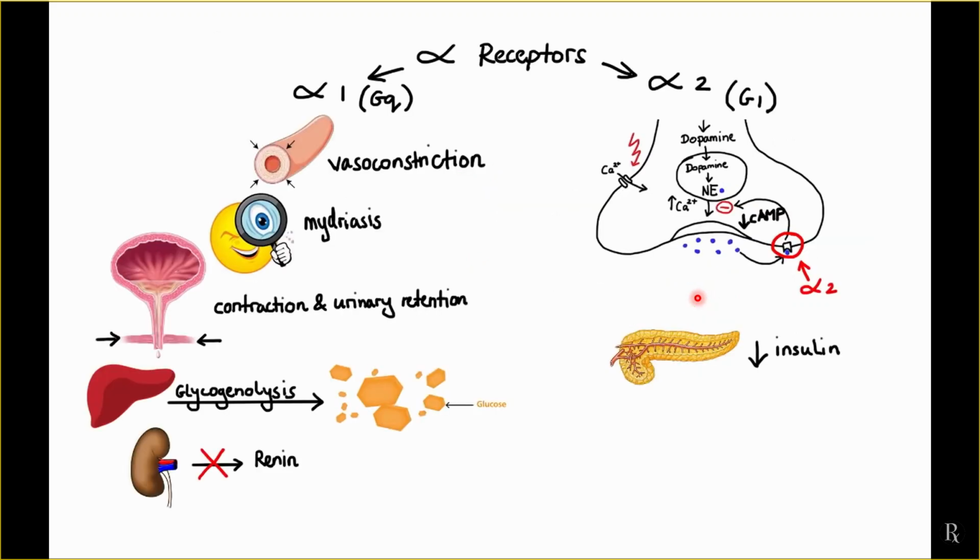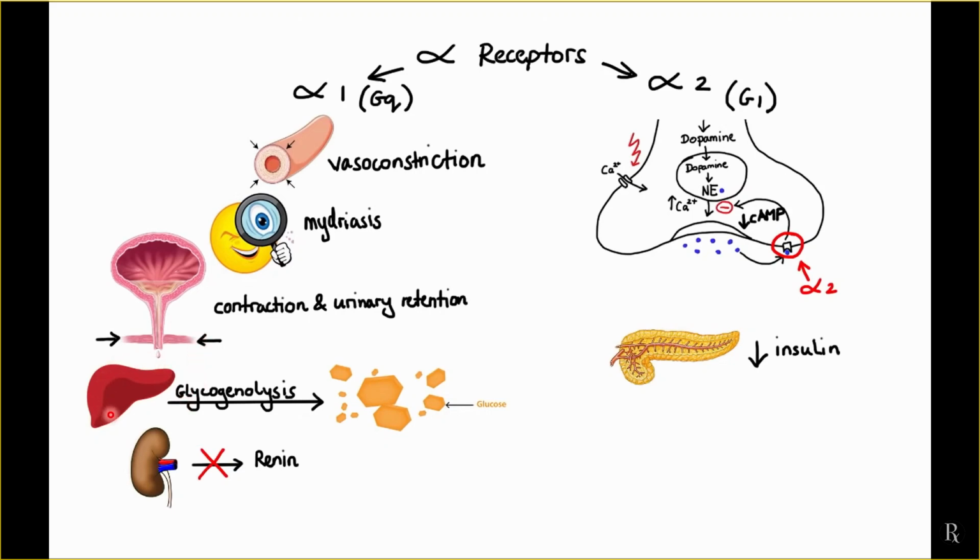So there are two subtypes of alpha receptors, alpha 1 and alpha 2. Alpha 1 is located in the vessels and primarily leads to vasoconstriction of the vessels. In the eye, the stimulation of alpha 1 leads to mydriasis. In the bladder, it leads to the contraction of the sphincter and urinary retention.